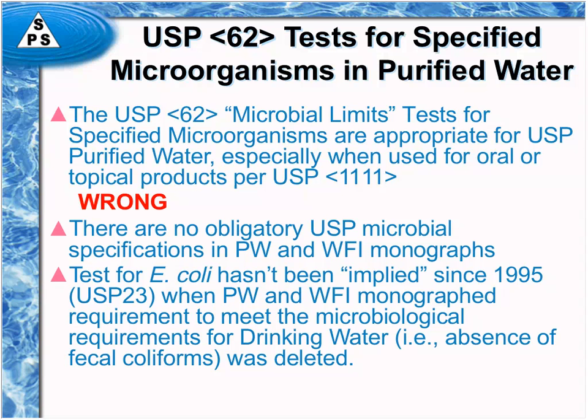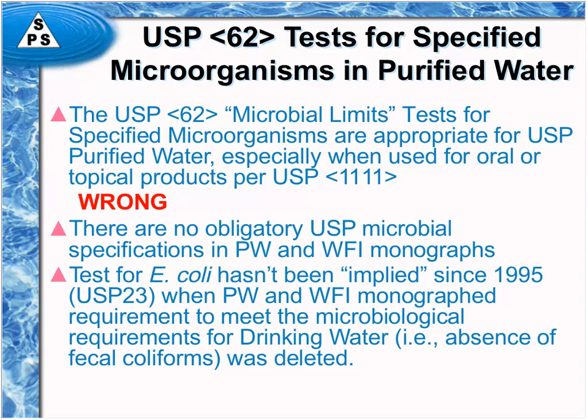And the only microbial expectations for drinking water happened to be the coliform test. And coliforms were actually allowed, but they could not be fecal coliforms in drinking water. Fecal coliform is another word for E. coli. So you could not have E. coli in your pharmaceutical grade water, in essence.